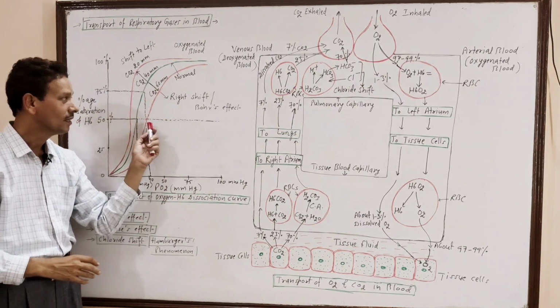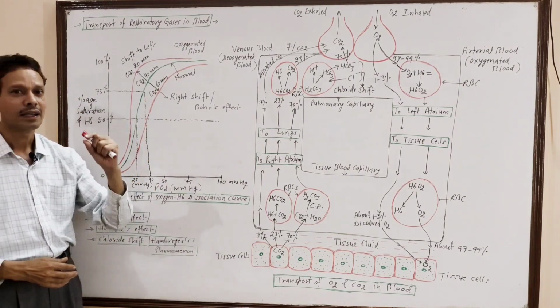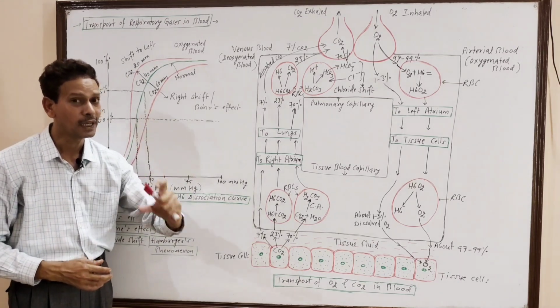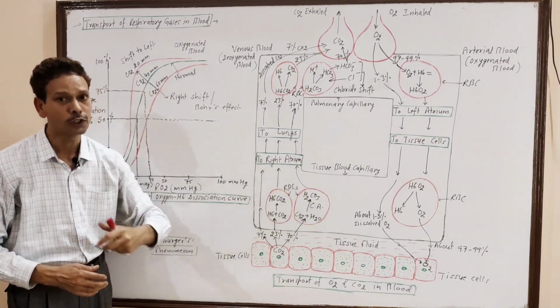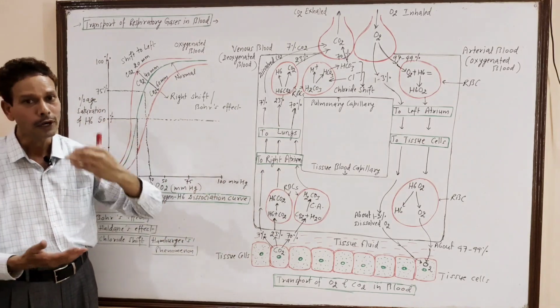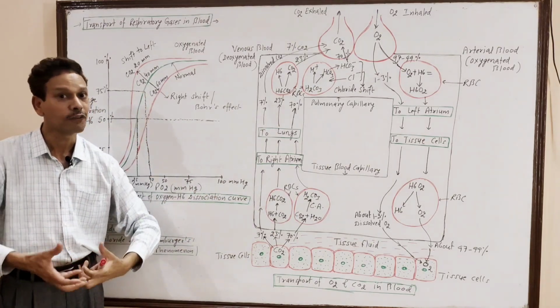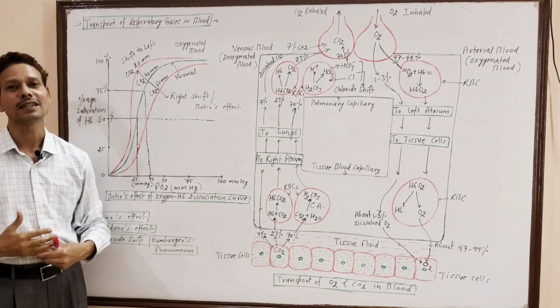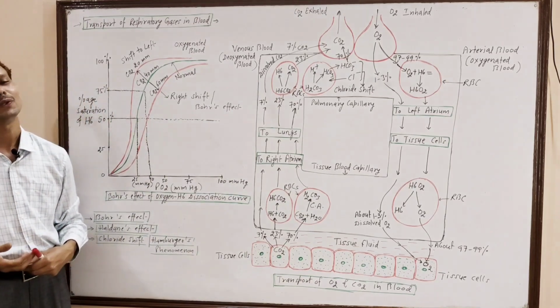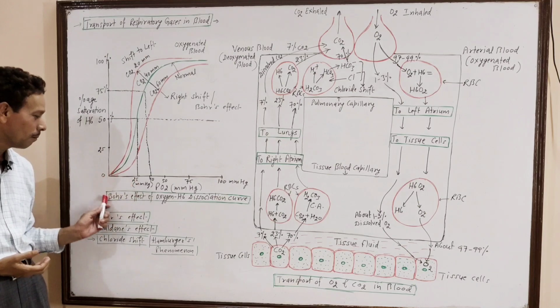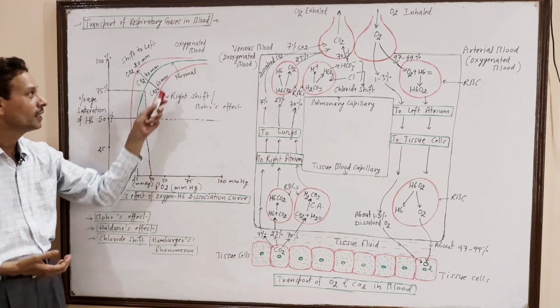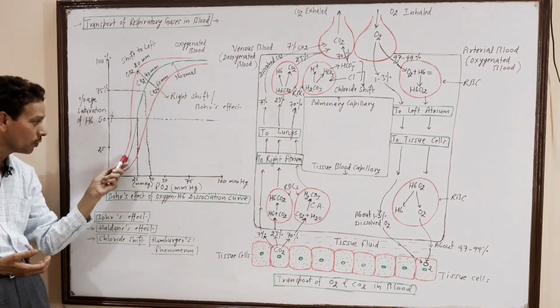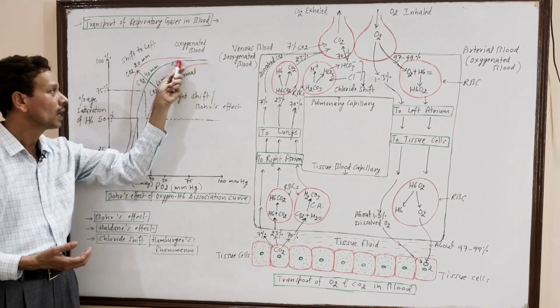It means in body tissues the high CO2 concentration, the high body temperature, and the low pH favor the dissociation of oxygen and binding of CO2. This is Bohr effect. This curve, which is the normal value, is shown in green color.